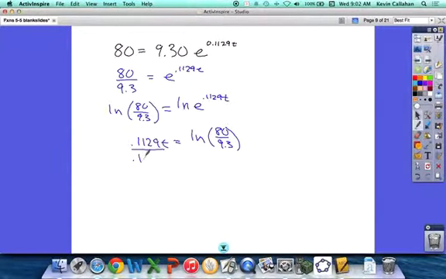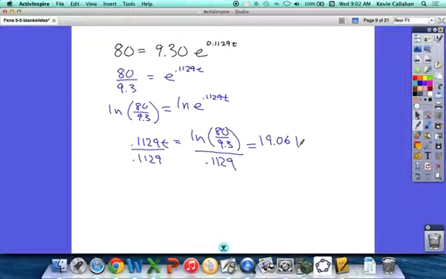Divide by 0.1129. And that you can stick in the calculator. ln... t equals 19.061.